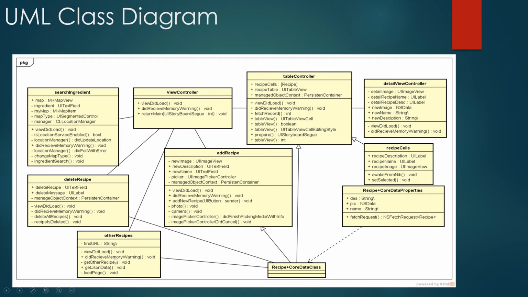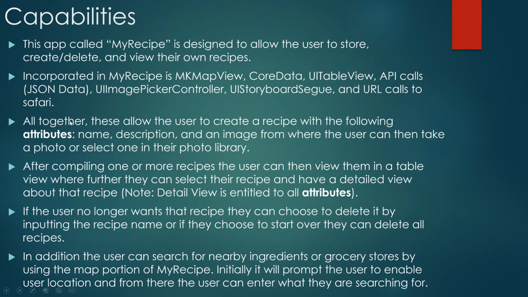Other recipe is an interesting feature. In here, it's an API call, and then it allows the user to click this button that loads up Safari, and it shows a random 5-star recipe from foodtofork.com. And then search ingredient is where the user is prompted for enabling location services and allows them to search nearby ingredients, food, whatever need be.